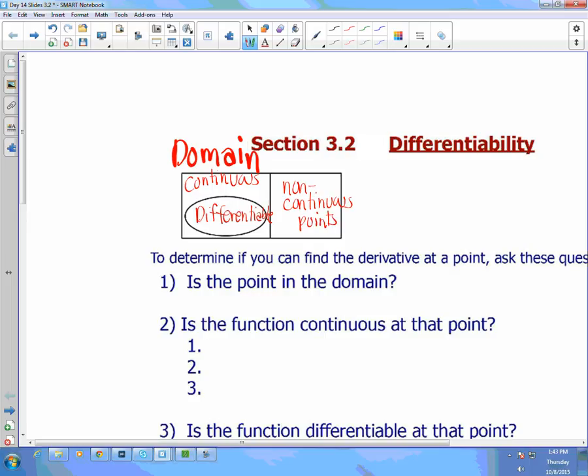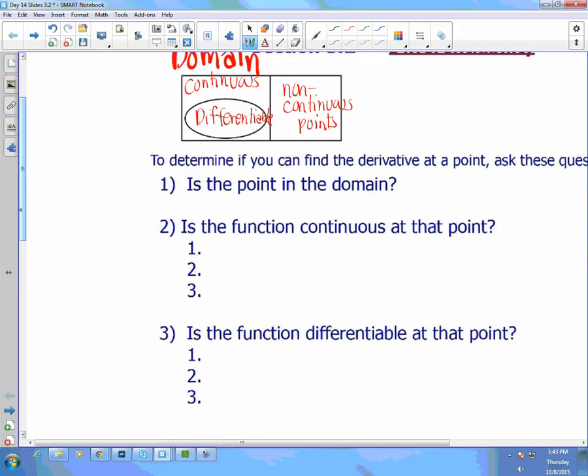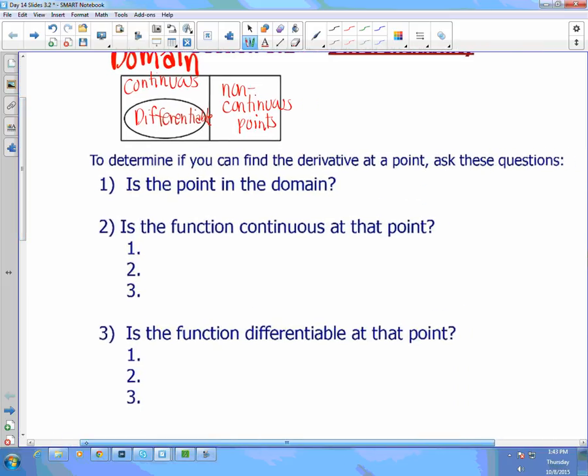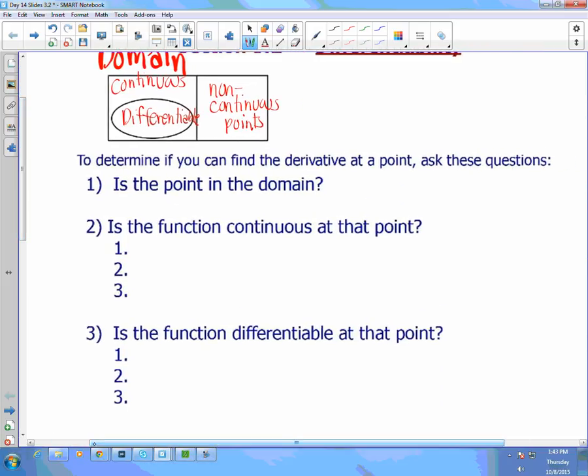To determine if you can find the derivative at a given point, ask these questions. First, is the point in the domain? If it's in the domain, you can take the derivative. Secondly, is it continuous at that point? We wrote this once today: what are the 3 rules to be continuous?